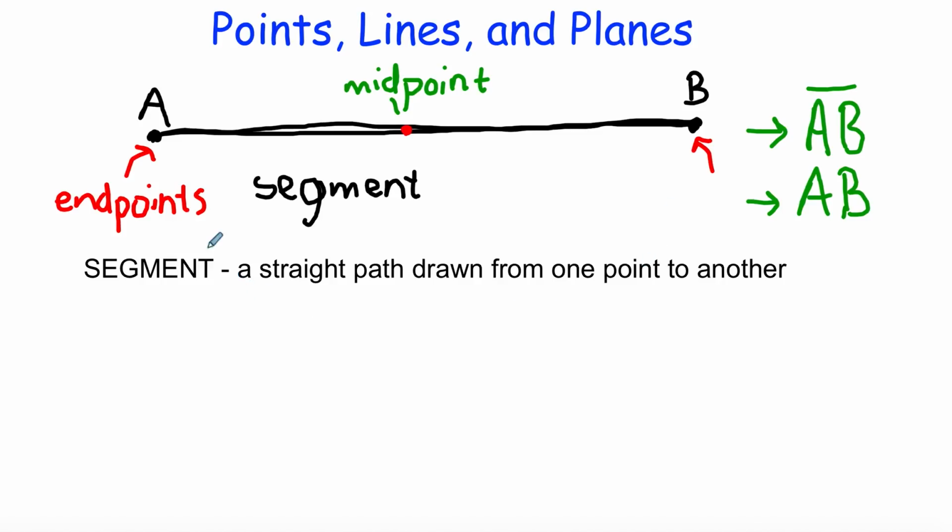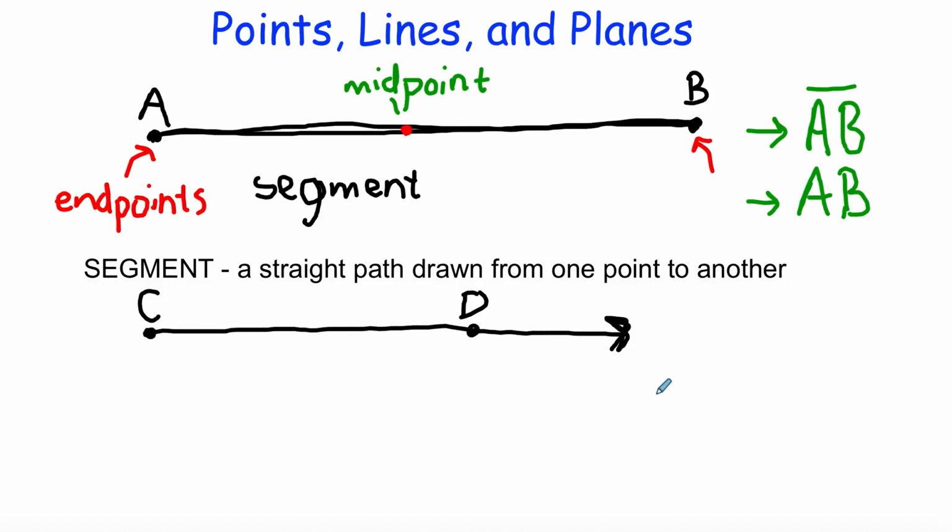Let's introduce another. Let's say I have these points C and D. But this time, it doesn't stop at the endpoint on one side. It extends on, and we draw an arrow. That is called a ray.